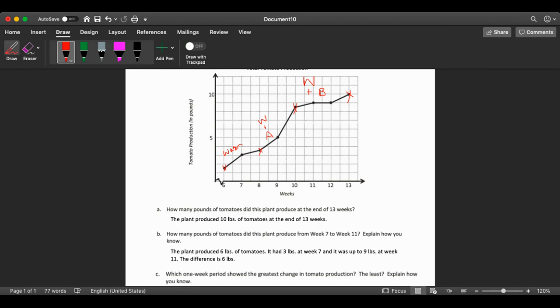Between 6 and 8 was water only. Look at how the line changes. Between 8 and 10 is water and fertilizer A. And then between week 10 and week 13, he uses water and fertilizer B. So take a minute and think about what this might mean.